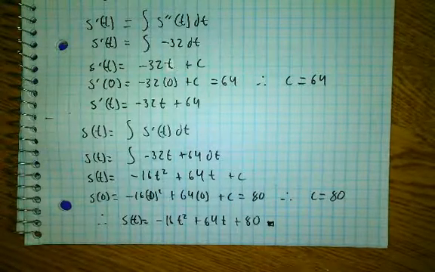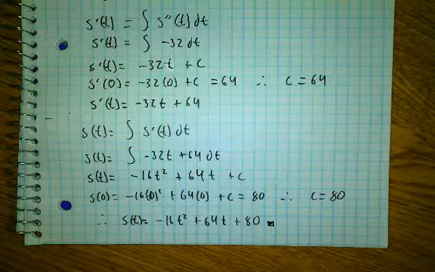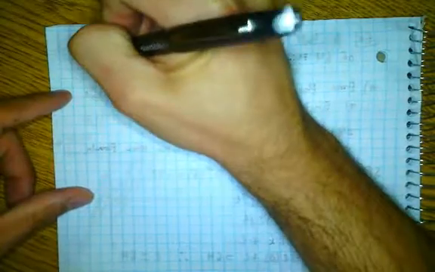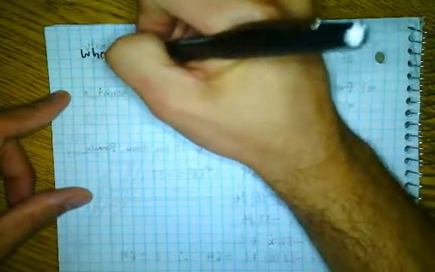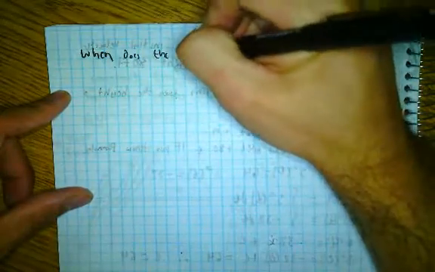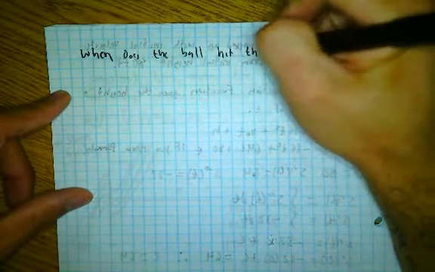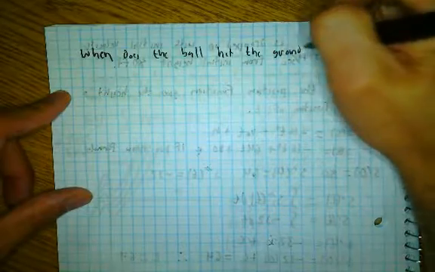Find out when the ball hits the ground, and that's all I got for you. The homework is already on the calendar. If you're watching the video, I'll show you the answer here in just a second. Set it equal to 0, solve, and you're going to get two answers. One of them obviously doesn't make sense. It's negative time. You can't go backwards, right? So the only solution that makes sense here is that after 5 seconds, the ball will hit the ground.